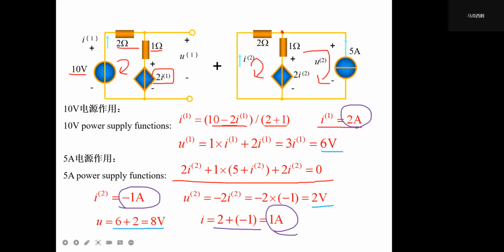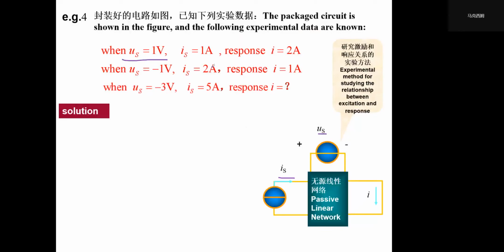So let's take another example. See, a passive network like this, and we put a current source and a voltage source to it. US equals 1 volt, and IS equals 1.